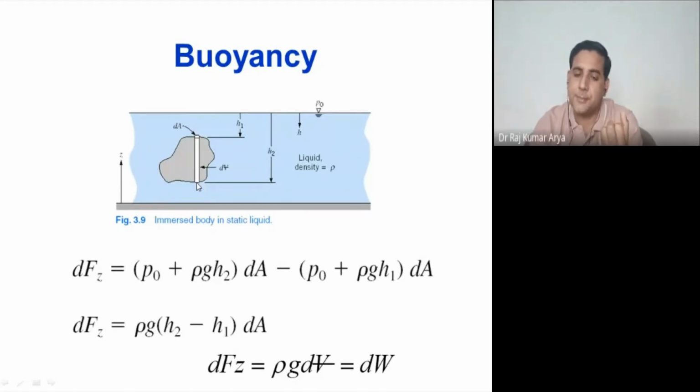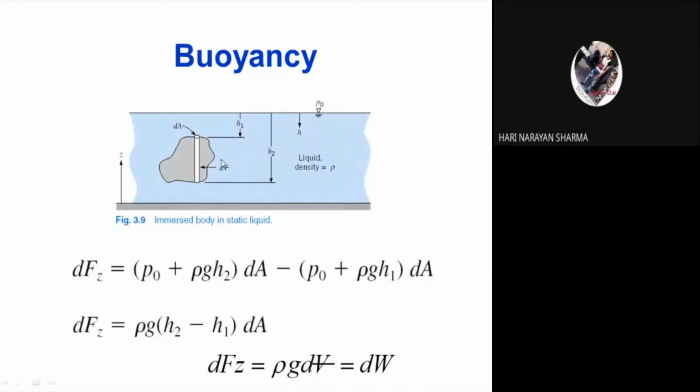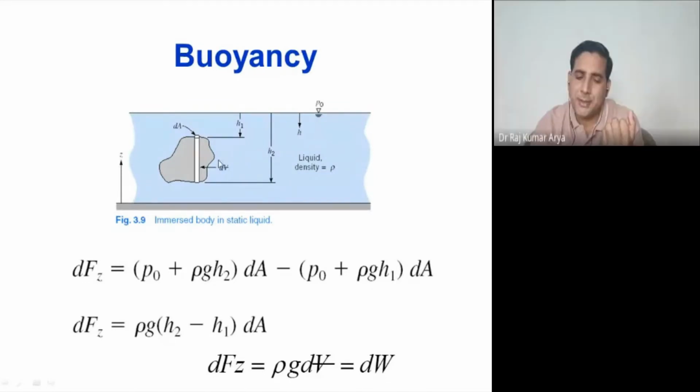Yes, sir. So the difference of force, if you want to calculate it: the fluid pressure on the bottom side multiplied by area is the bottom force, upward. Here you have fluid on top, so it will try to press the body downward. This is the force on the top side, coming downward.